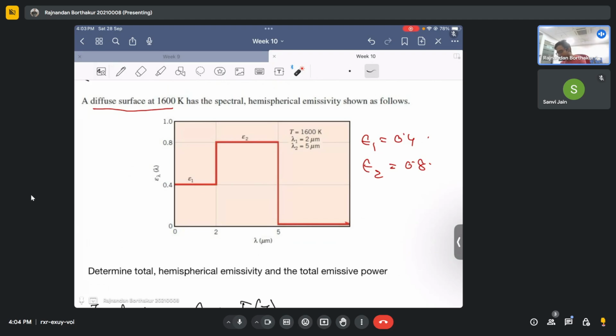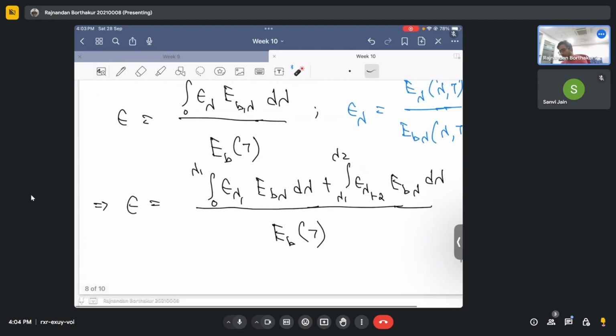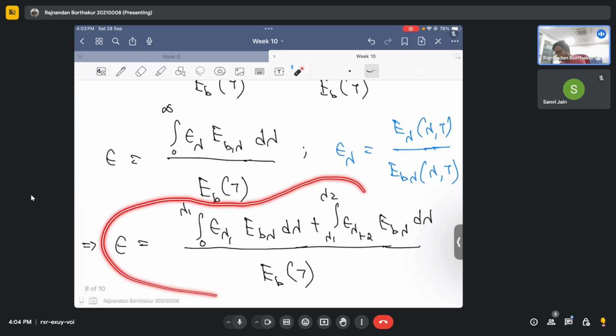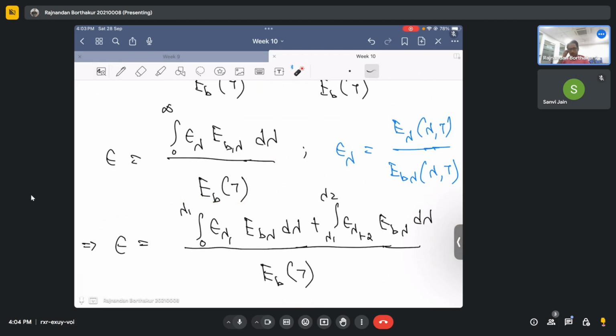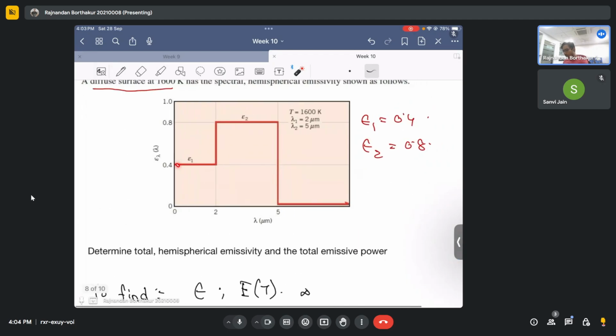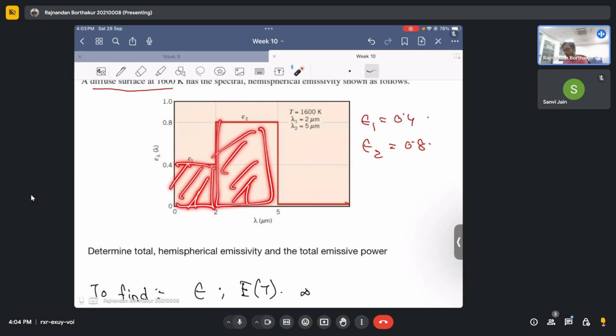We are just interested in this zone and this zone. Did you understand how we get this step from the previous step? We are just dividing the integral in terms of the zones that we are given. Basically we write it for this zone plus this zone, and the rest we are not bothered about because it is equal to 0.